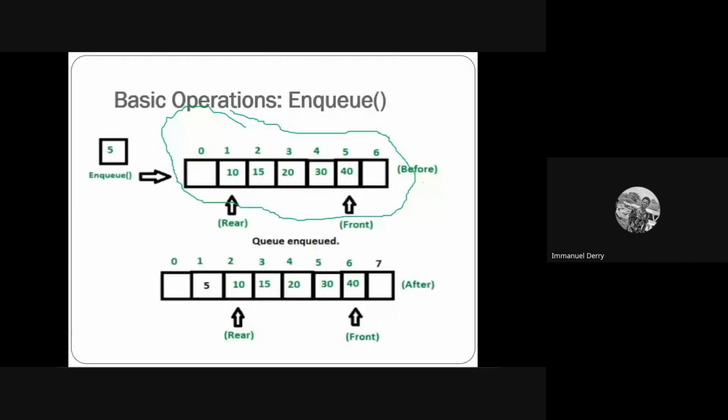But as we said earlier, we need to take care of two pointers: the one which points to the rear, which is the end, and the other which points to the front. We said in the algorithm that if the queue is not full, what we have to do is increase the rear pointer to point to the empty space. So this is the rear pointer, and for it to be able to point to the empty space, we have to move backwards one, to this particular index 0 here.